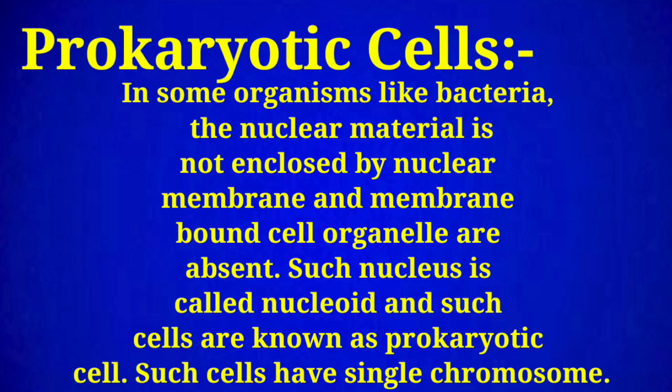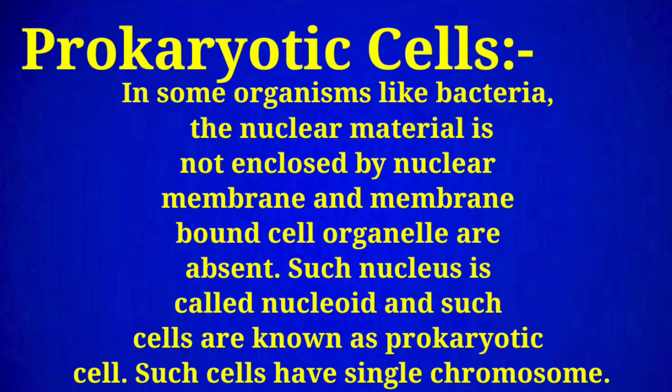Prokaryotic cells. In some organisms like bacteria, the nuclear material is not enclosed by a nuclear membrane and membrane-bound cell organelles are absent. Such a nucleus is called a nucleoid and such cells are known as prokaryotic cells.